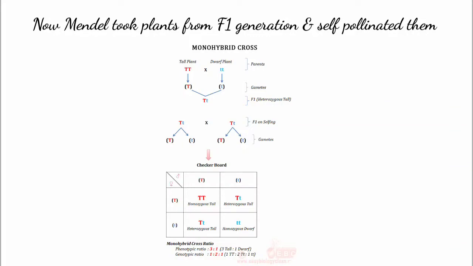Correct? These are the F2 generation plants that he got. So with this observation, Mendel concluded that even the dwarfness character which was present in the F1 generation got expressed in the F2 generation. So this was all about Mendel's first set of experiment.